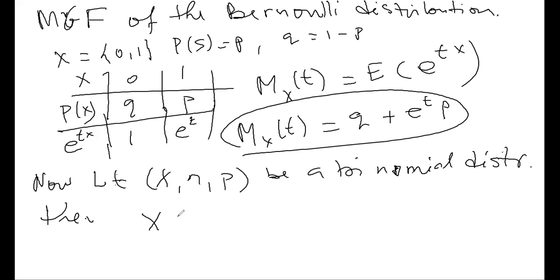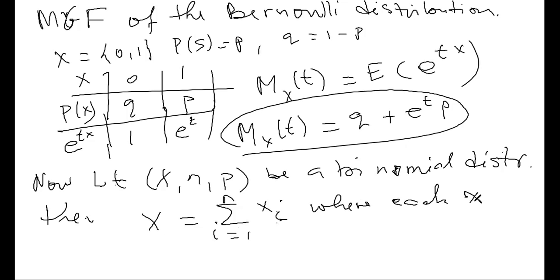Then x is equal to the sum of the Xi, i from 1 to n, where each Xi is a Bernoulli distribution.